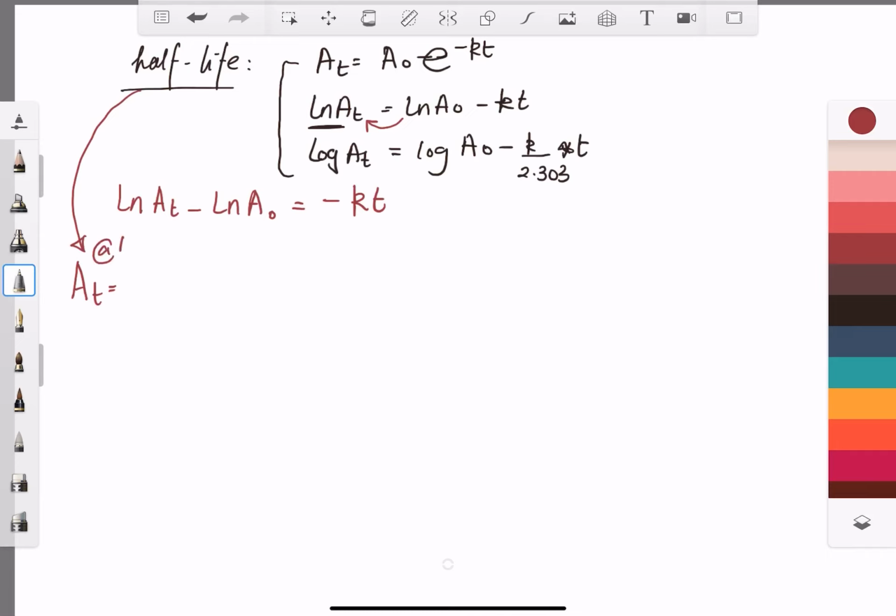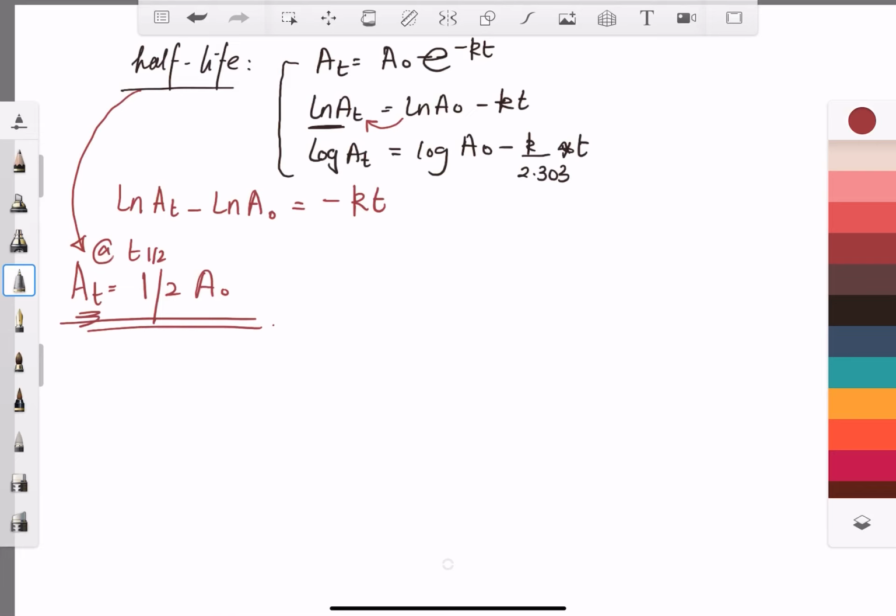So at the half-life, we will have A at certain time equals half the initial amount, right?